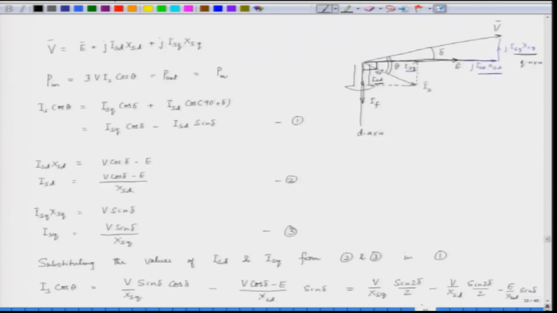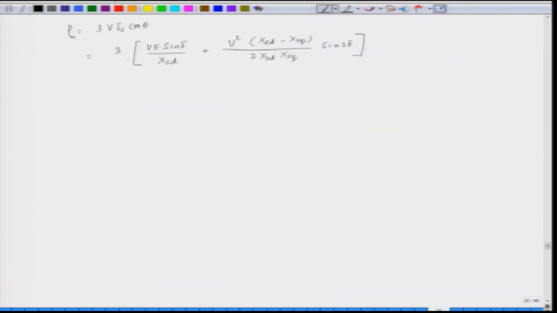So, this we have obtained from the previous equation. Let us call this equation 4. From equation 4, after we multiply with V and simplify, we get the following equation. This is the power output for a salient pole synchronous motor.